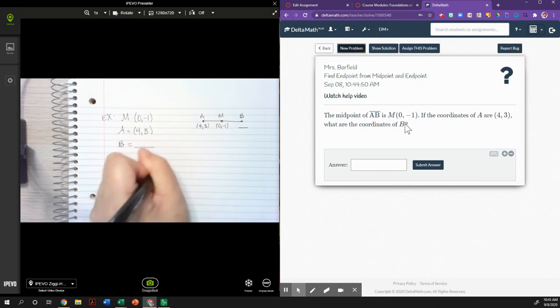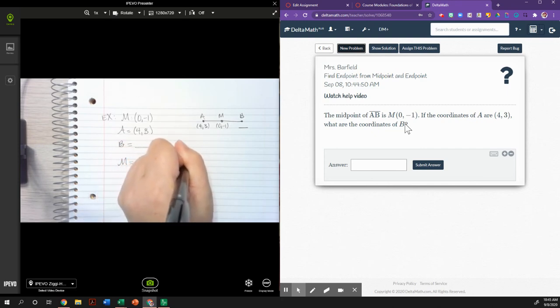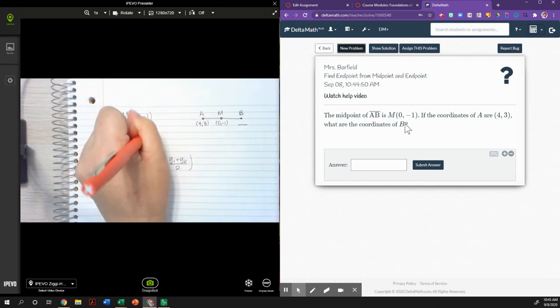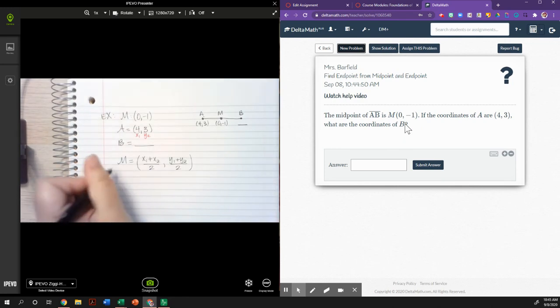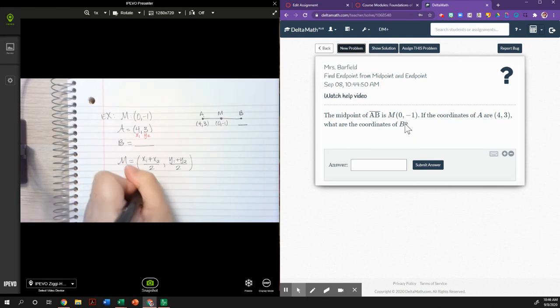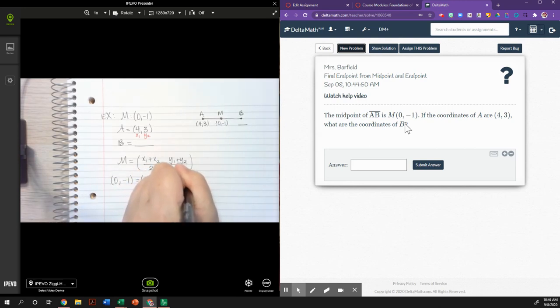X1 plus X2 over 2, Y1 plus Y2 over 2. Remember, I told you a long time ago in a video that I should be saying X sub 1 and X sub 2, but I'm lazy. Okay? All right, so I know that this is my X1, this is my Y1. All right, so my midpoint, 0, -1, equals 4 plus X2 over 2. And I'm going to plug in 3 plus Y2 over 2.